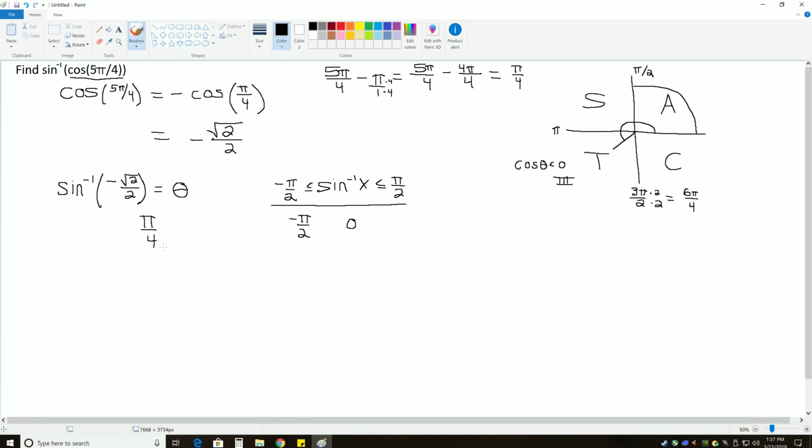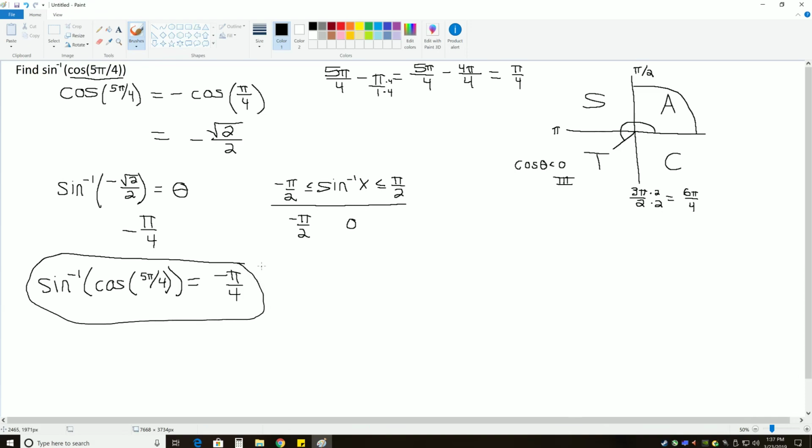So all we have to do in this case is just make this a negative angle. So in all, sine inverse of cosine of 5 pi over 4 is equal to negative pi over 4.